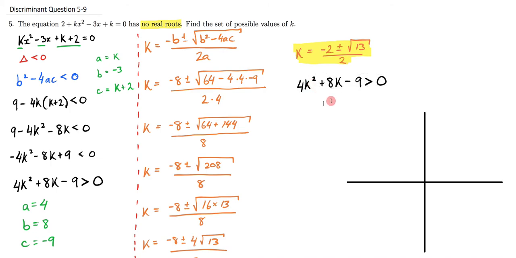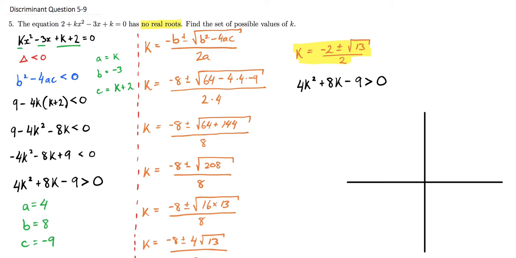So now I need to figure out what my k value is in order that this produces values greater than 0. So this is an inequality question and a discriminant question coming together. And this is the baby that they've made. So I now need to graph this in order to figure it out.